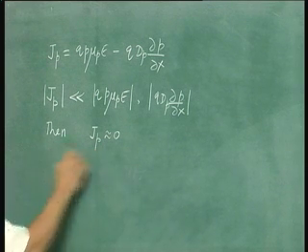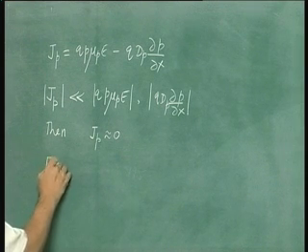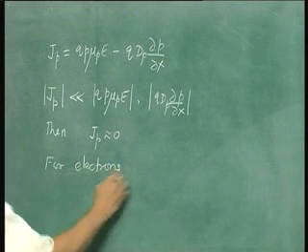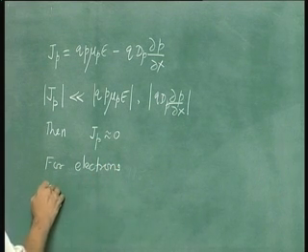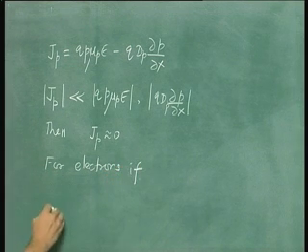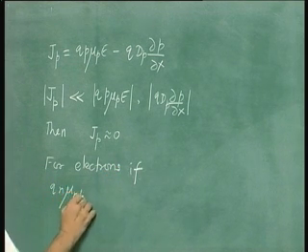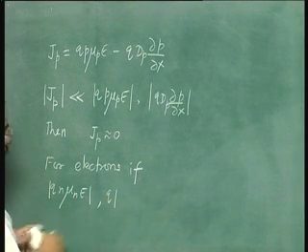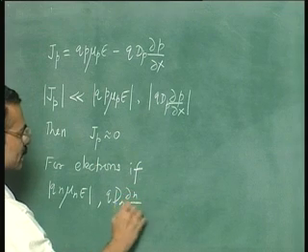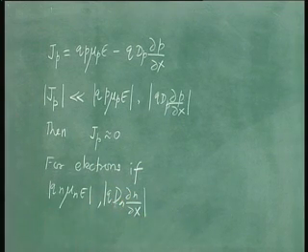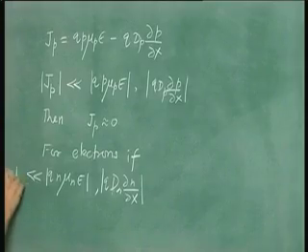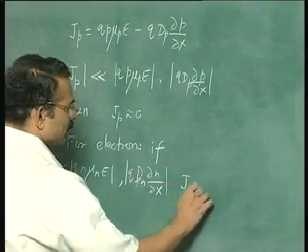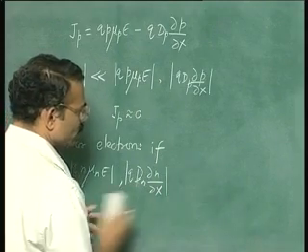So you can have a similar situation for electrons. For electrons, again, if Q n mu n E and Q Dn dou n by dou x, if the magnitudes of these two are much greater than the Jn magnitude, then we can write Jn approximately equal to 0.